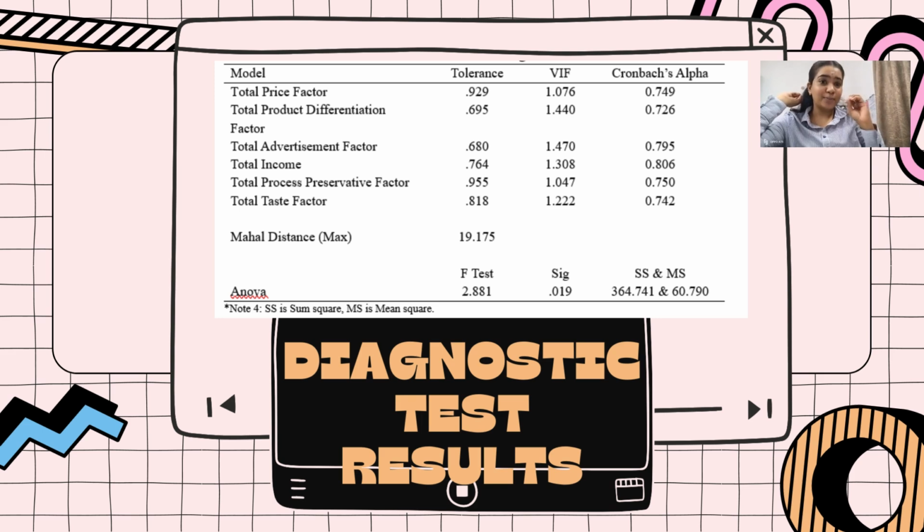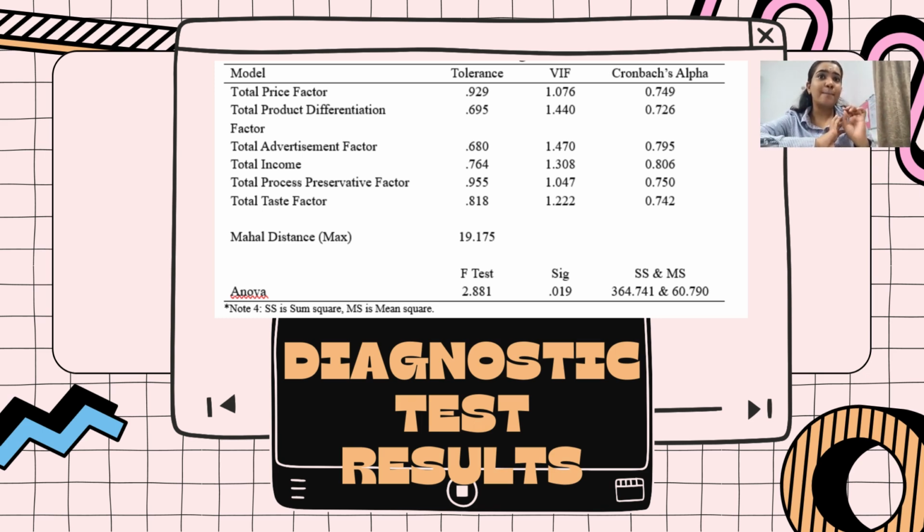So from this we can conclude there are no outliers. This tests the null hypothesis that multiple R in the population equals 0. The model is statistically significant at 0.019. In this case, the null hypothesis is rejected.